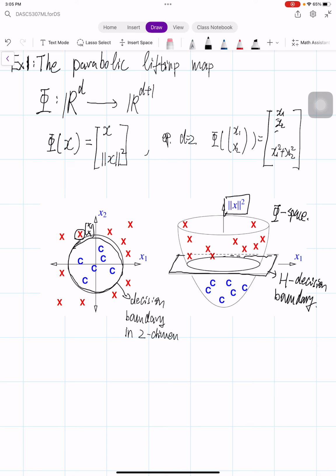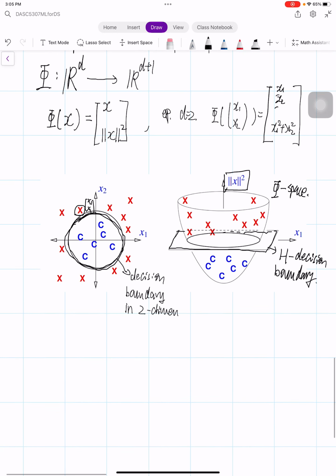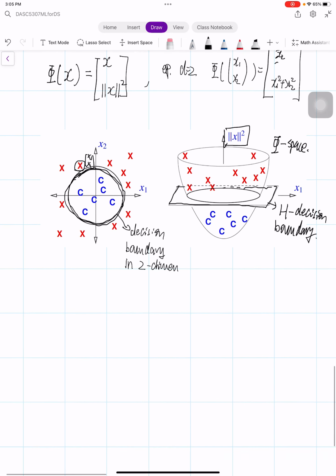So even though this is linear in the higher space, in the lower dimensional case it gives us a circle classification boundary. By doing this, we can introduce a nonlinear decision boundary.